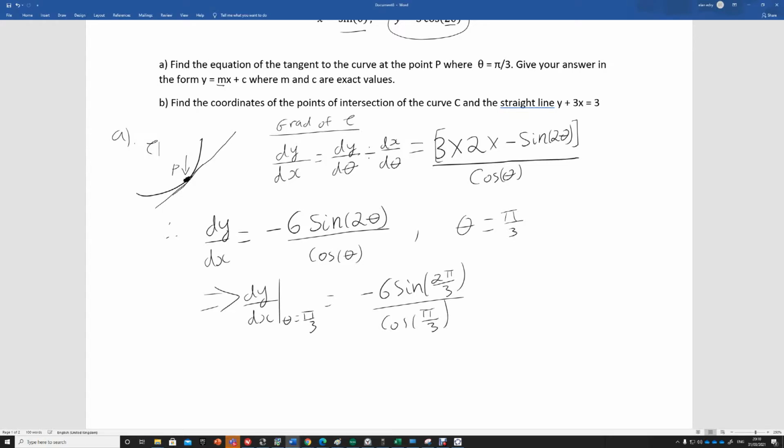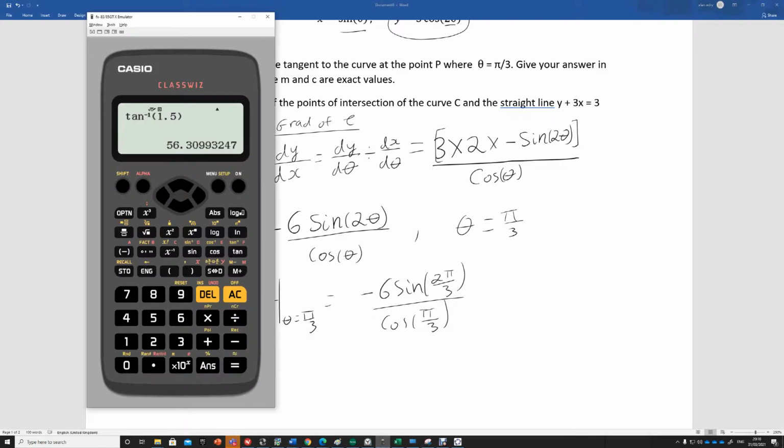Now, we should really know these values. I think sine of 2 pi over 3 is sine of 120, and sine of 60 is root 3 over 2. So I think you'd have root 3 over 2 over a half, and you end up with minus 6 root 3. But realistically, we have a calculator now in A level, so we can just put the values in.